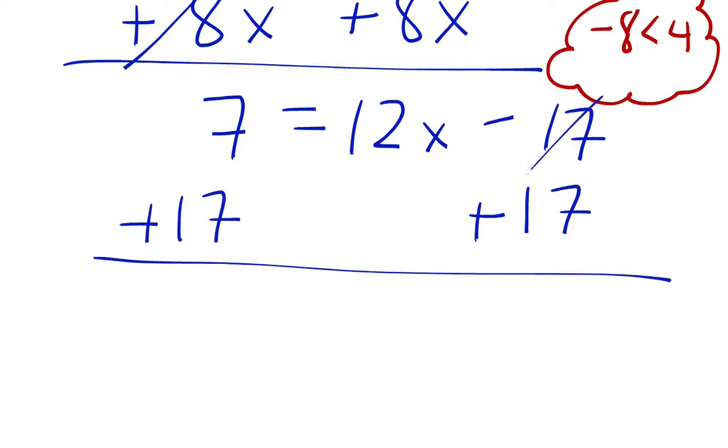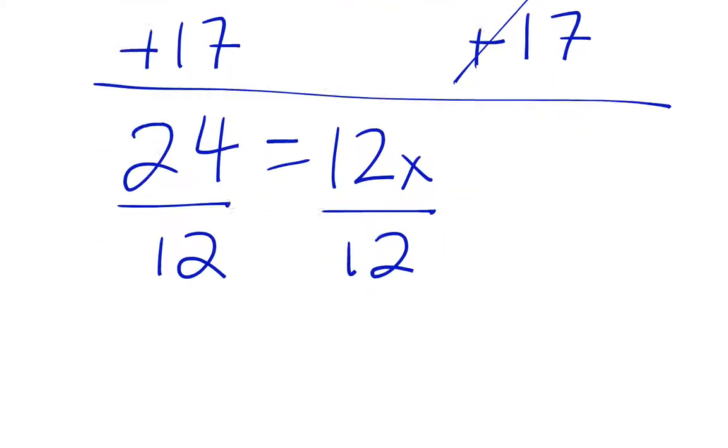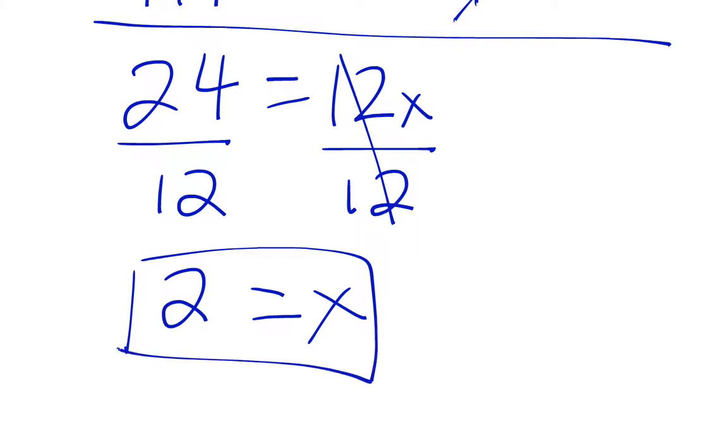These cancel out. We're left with 12x equals 14, carry the 1, 24, and then to get rid of that 12, divide by 12. These cancel out. We're left with x by itself on this side and 2 on this side.